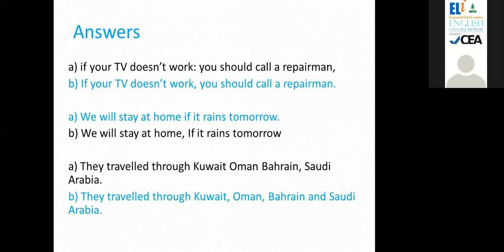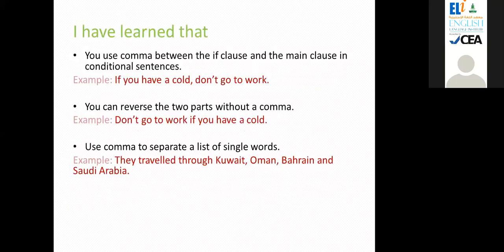Okay, so these are the correct uses of the comma in two contexts: with if conditionals and if you want to separate similar items or similar words in a sentence. So after this, what we have learned is that we use a comma between the if clause and the main clause in conditional sentences.